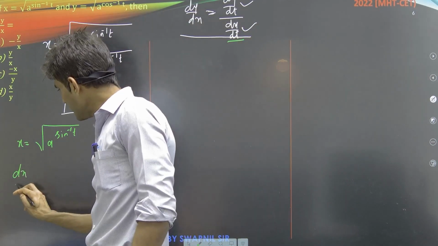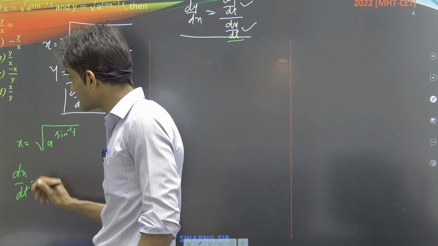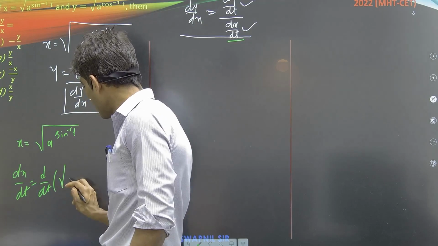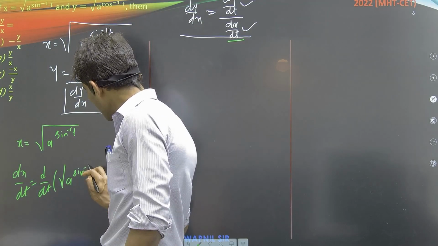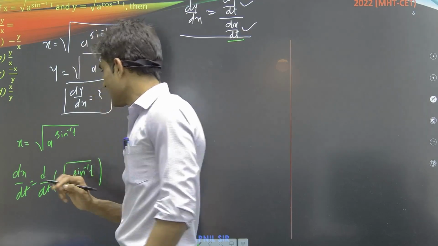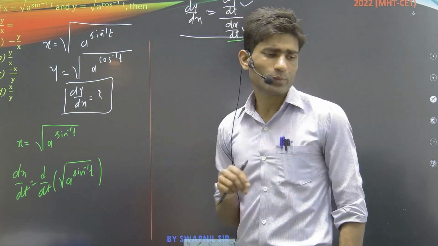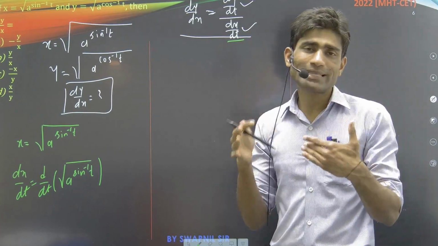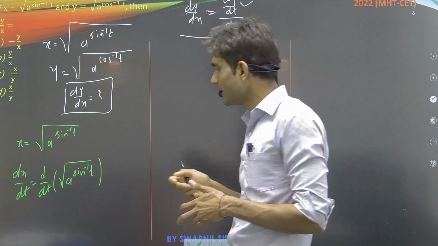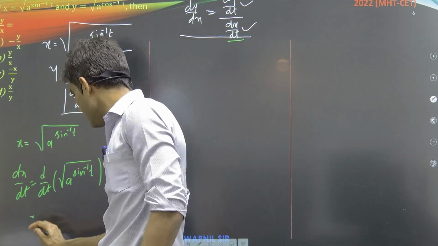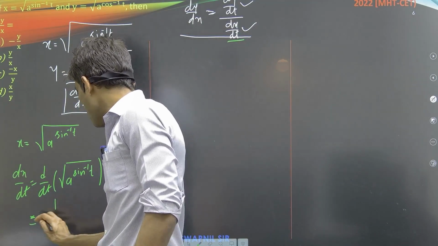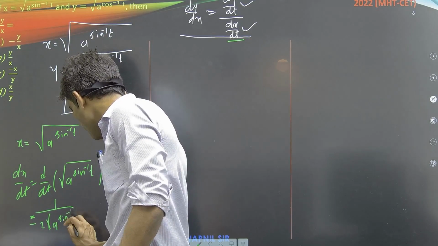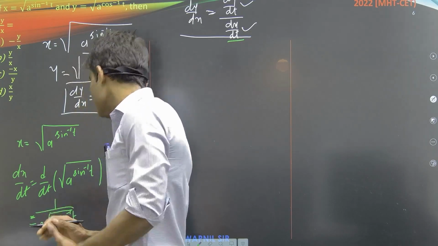So dx by dt means we differentiate the square root, d by dt of square root of a to the power sine inverse of t. We know that root of x has differentiation 1 upon 2 times root of x. That means we write the differentiation as 1 upon 2 times square root of a to the power sine inverse of t.